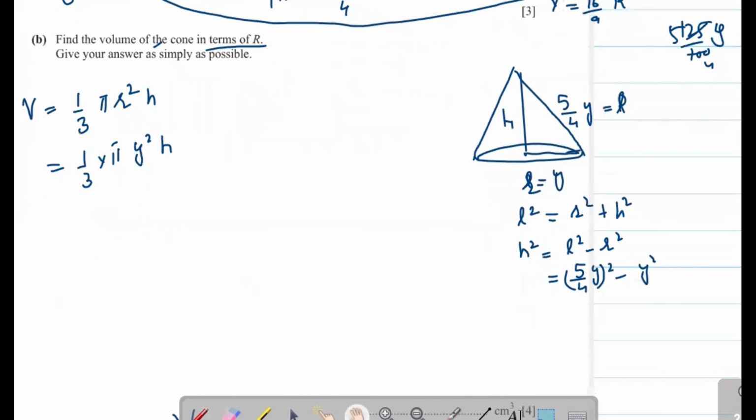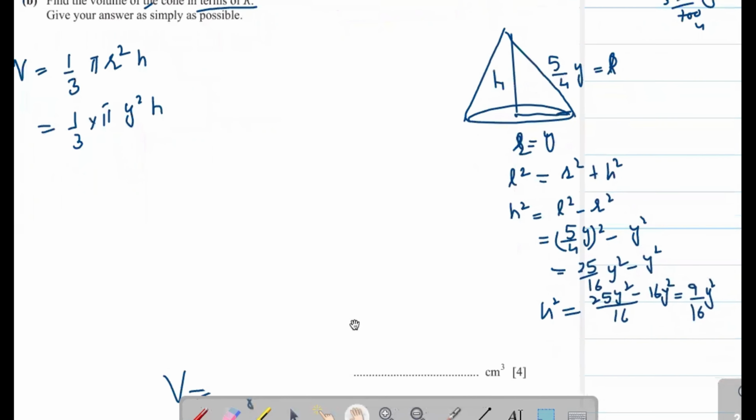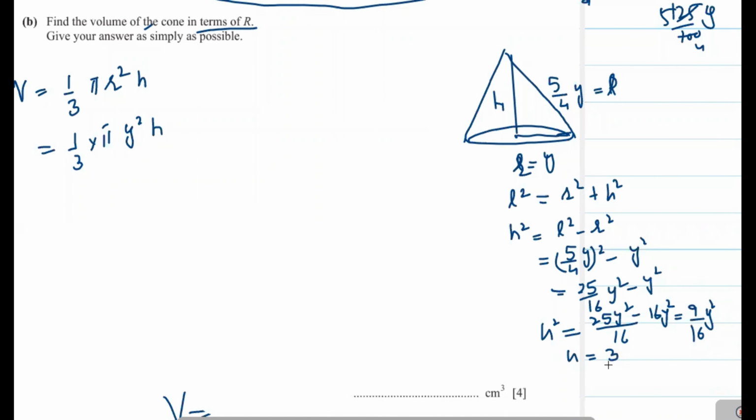Therefore, we can find this value 25 over 16 y square minus y square. Now we take the LCM, that is 25y square minus 16y square, that is equal to 9 over 16 y square and then h will be equal to 3 over 4 y.